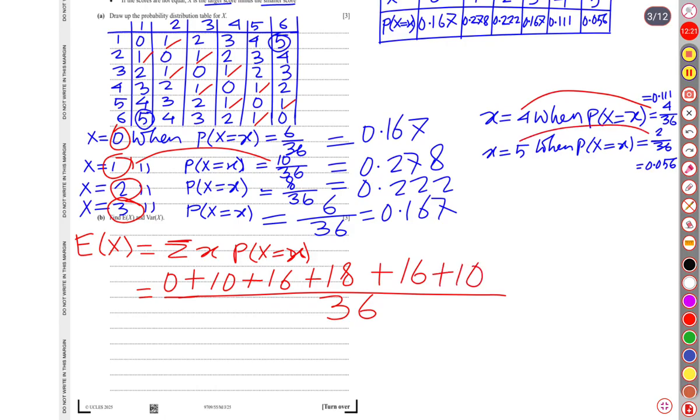So totally our E(X) mean value is how much? 10, 26, then 44, 60, 70. So it is 70 over 36.